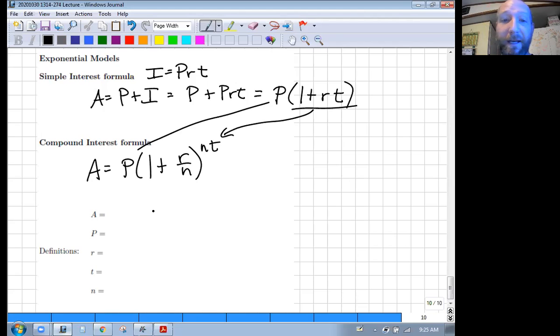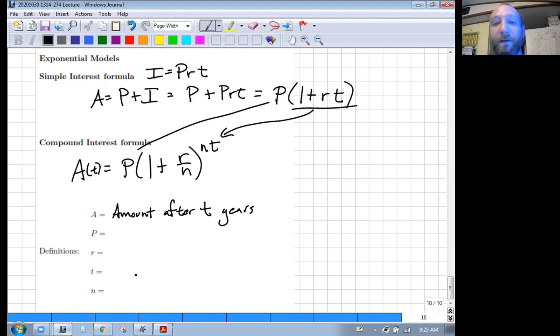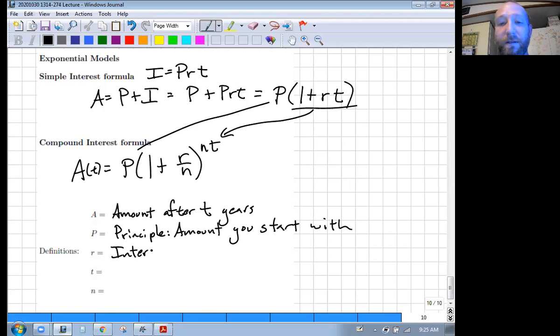Okay, where A is the amount after t years, right? A here is a function of time. P is the principal amount you start with, right? R is the interest rate, usually meaning annually. Okay.